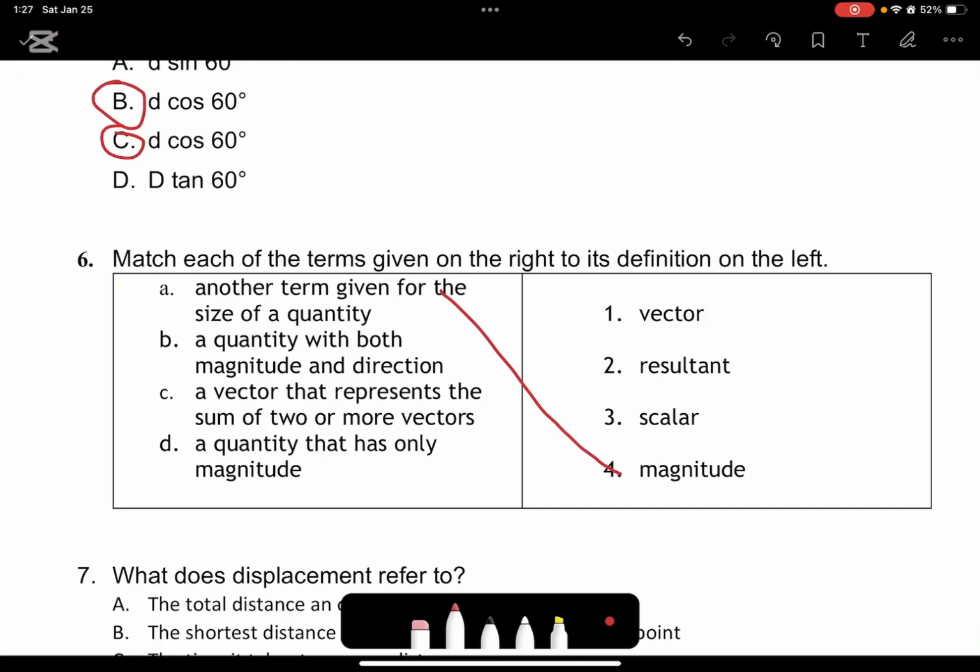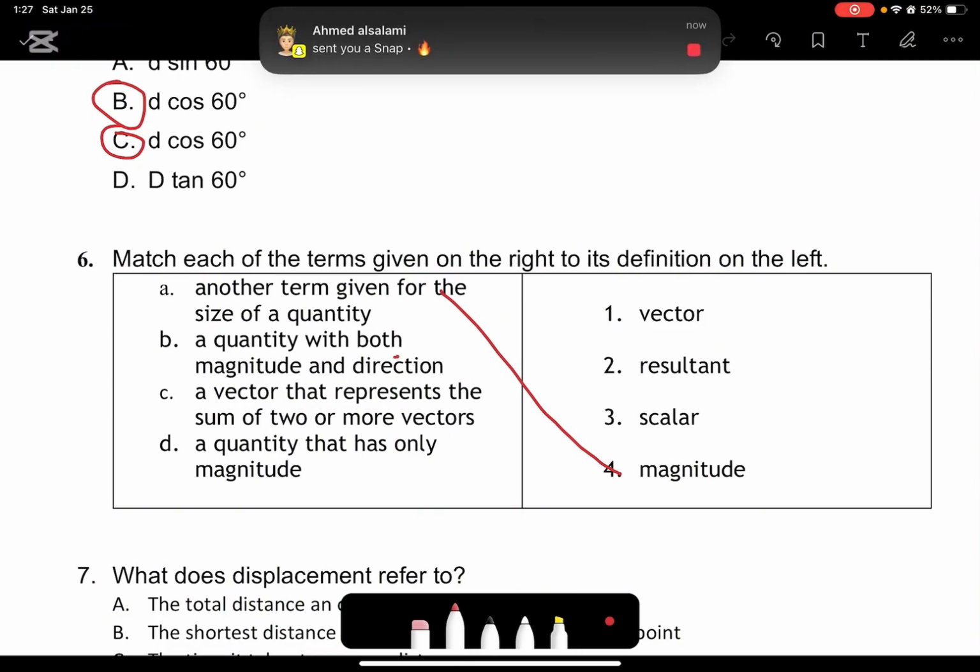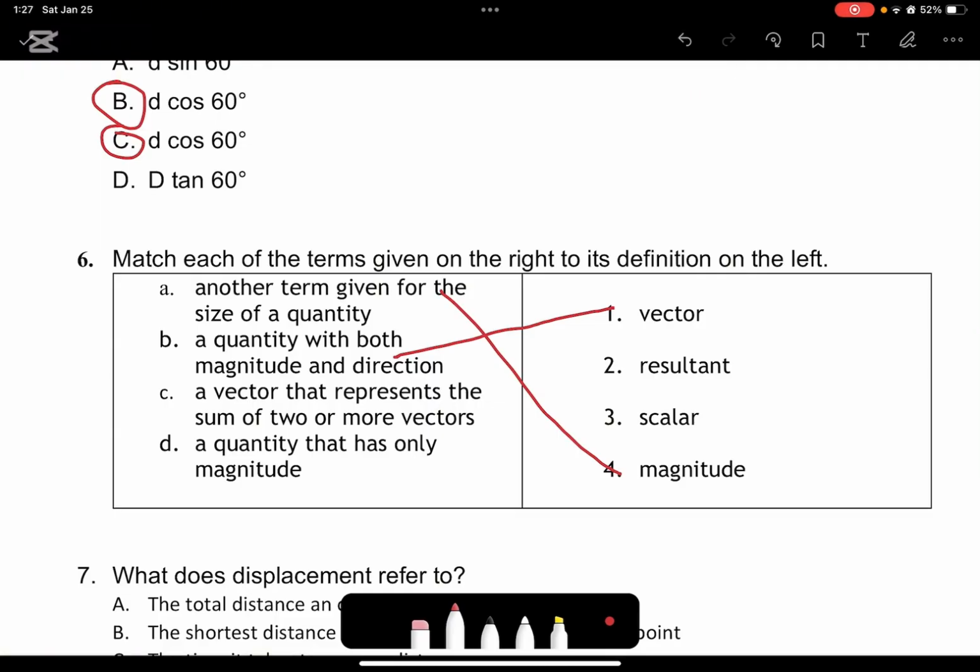B, a quantity with both direction and magnitude. Everybody's familiar with this, so it's vector, because a vector has magnitude and direction. And the opposite of vector is not quite opposite, but it has direction missing. It's a scalar. D is scalar.